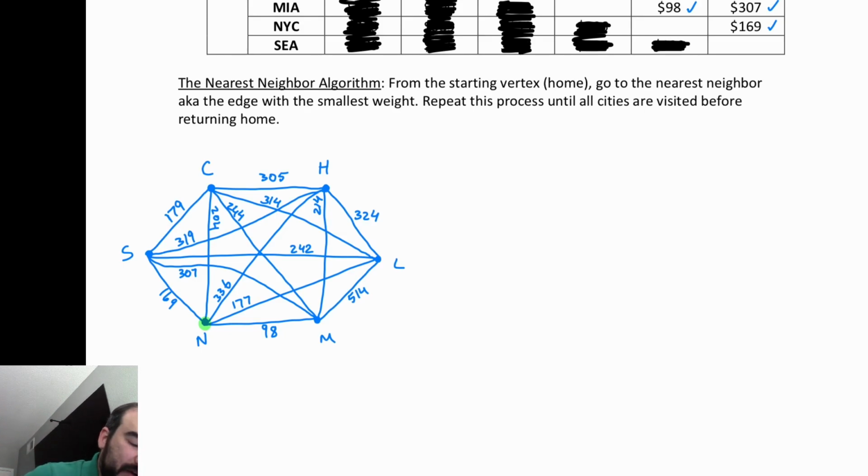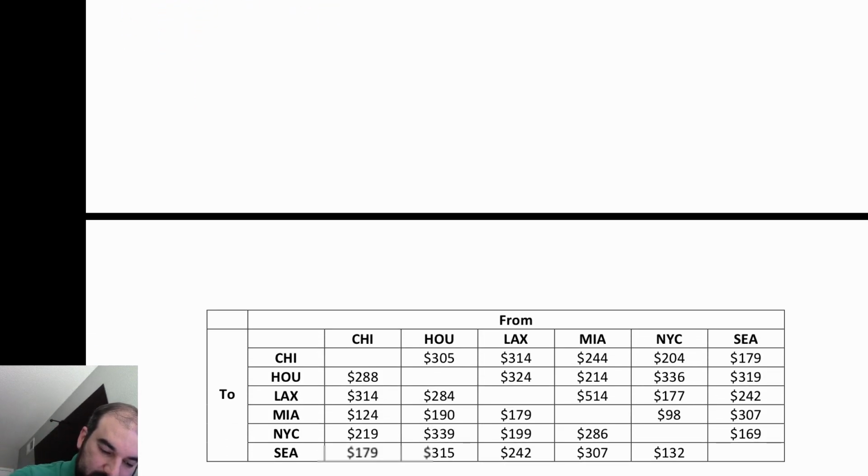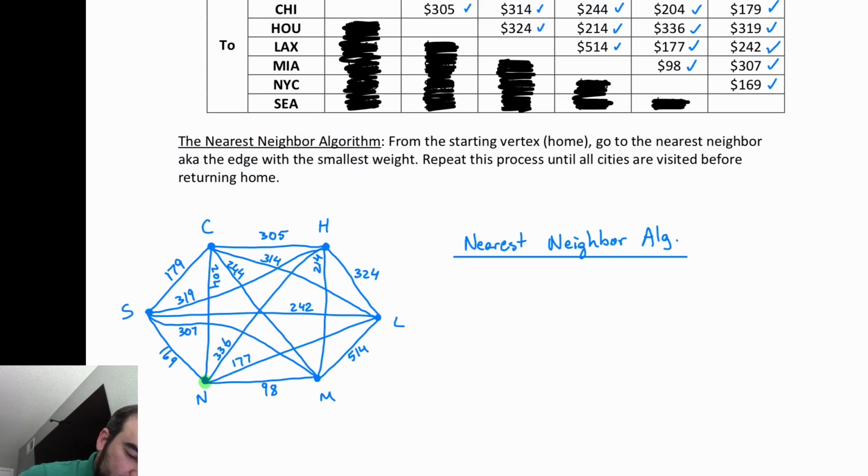So the nearest neighbor algorithm will say to start in New York. So we'll start in New York, and we will travel using the cheapest flight possible from New York.